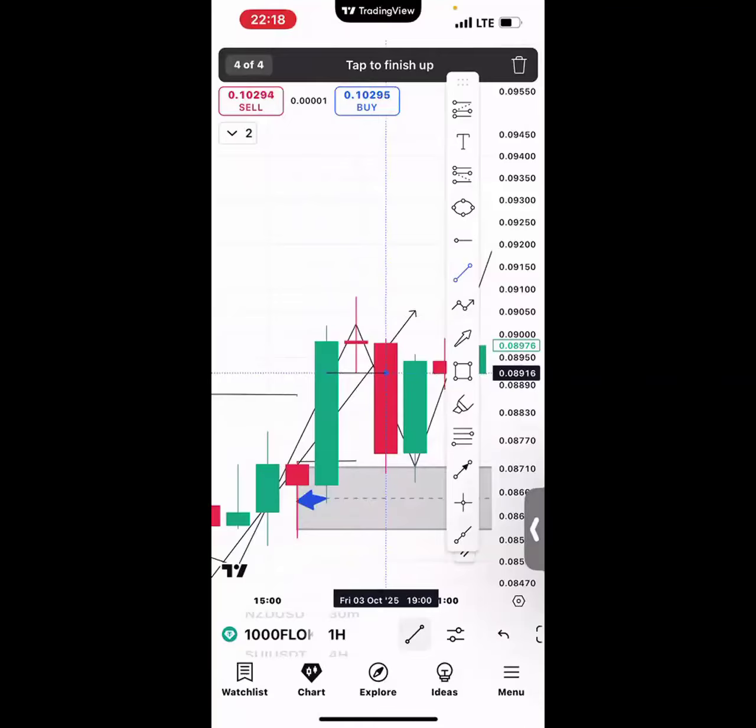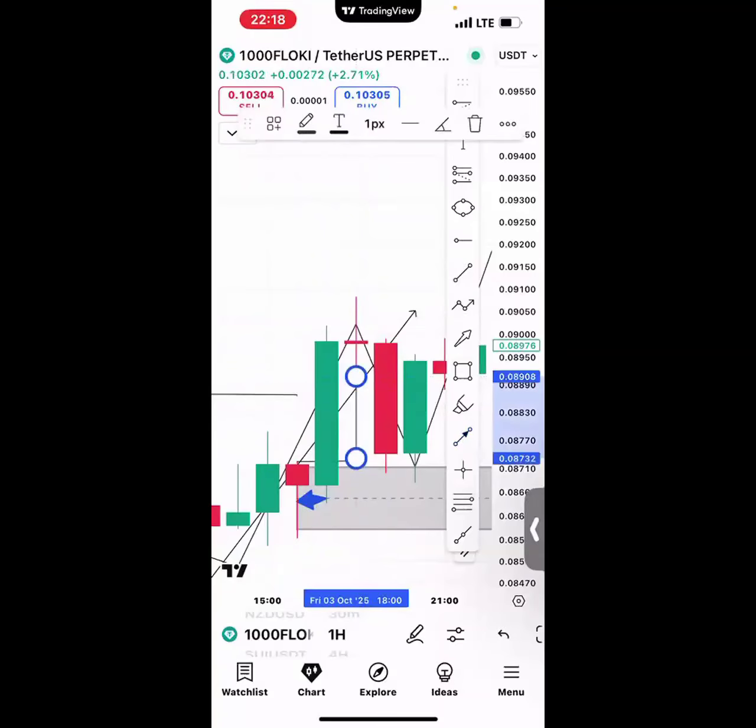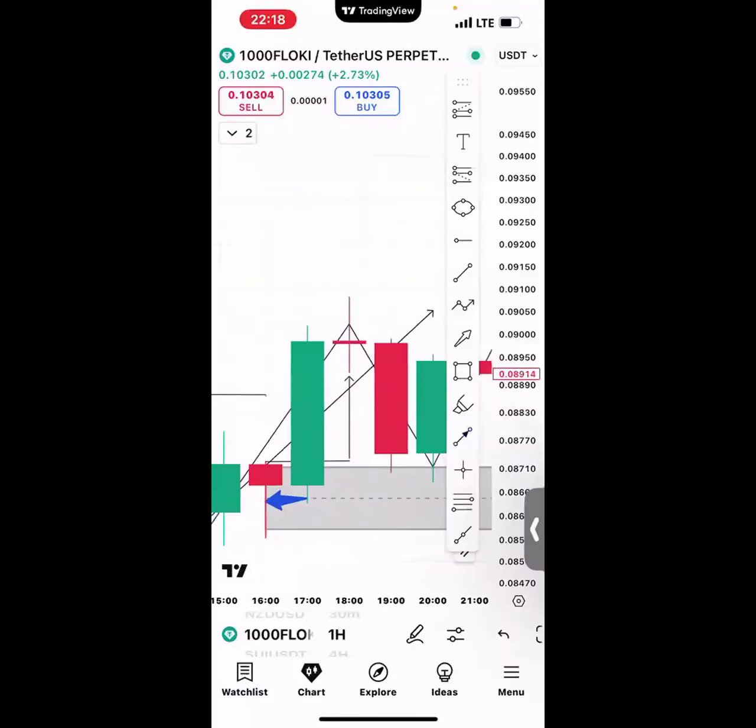And you can see clearly there is a gap. You'll be asking me, where is this gap that I'm talking about? If I pick this arrow and pick from here to here, you can see there is a gap. And this now will be my imbalance.